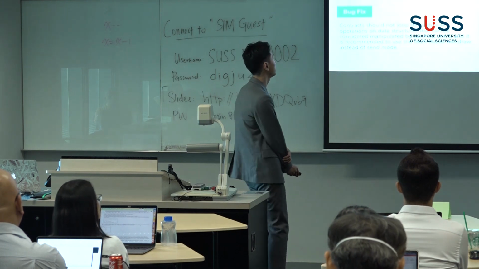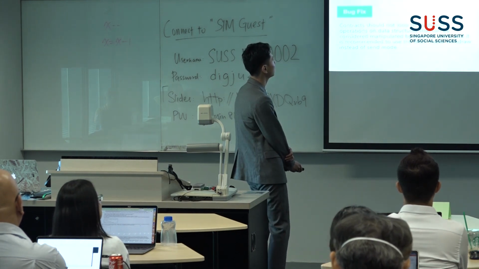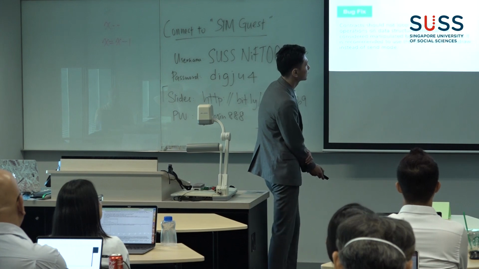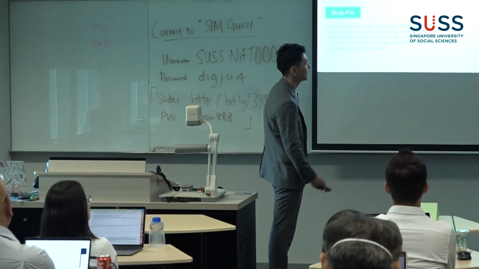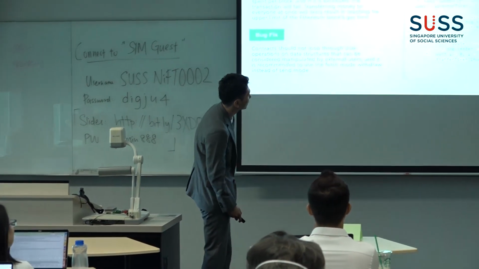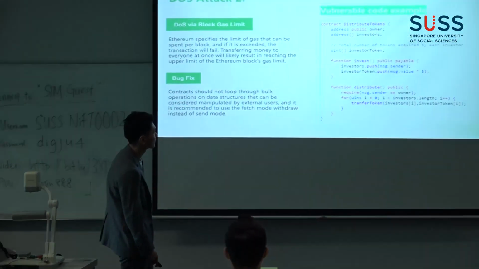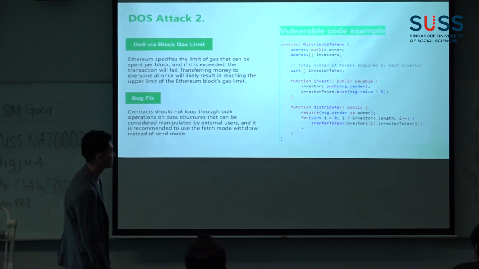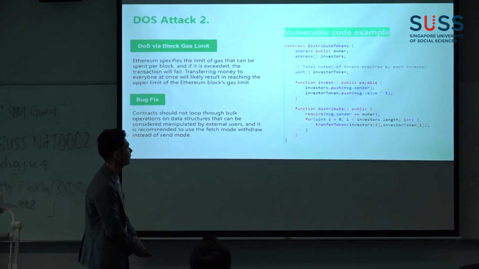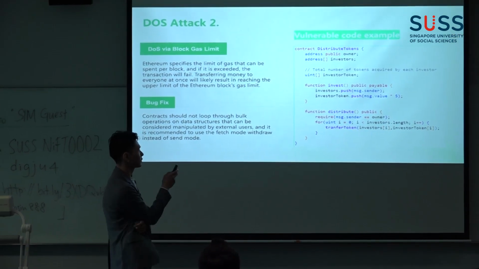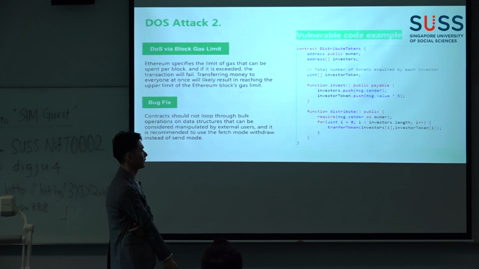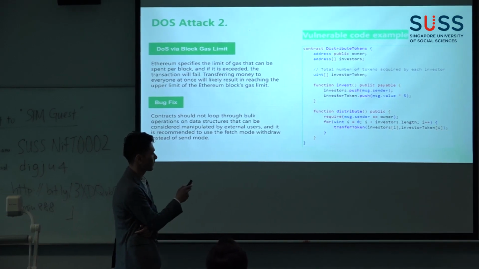The second scenario would be DOS via block gas limit. In this example, we have an array of investors. That's an array of addresses in the second line. And then this vulnerable function is called distribute. We can see there's a for loop.